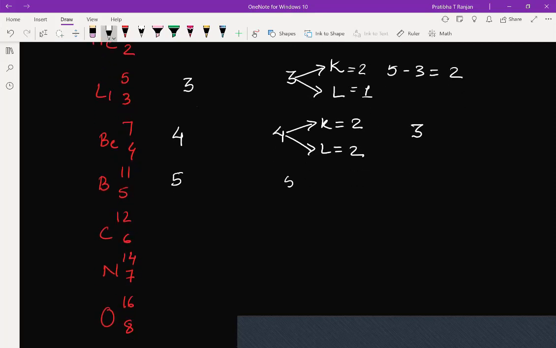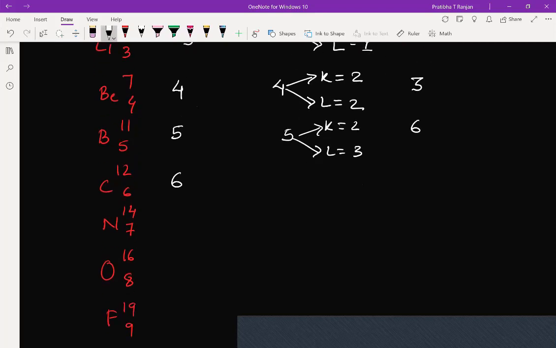Here this is 5, this is 5. So K is 2, L is 3, and neutrons are 6. This is 6, this is 6, K is 2, L is 4, and neutrons are 6. Then 7, 7, K is 2, L is 5.